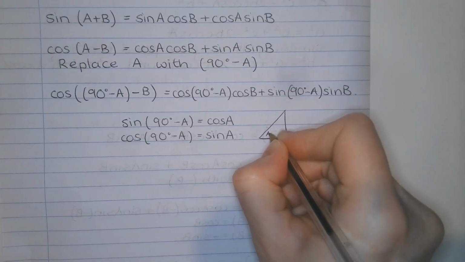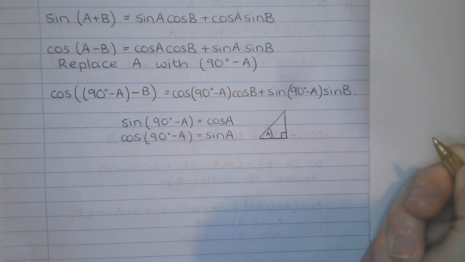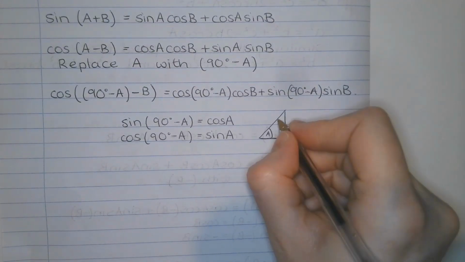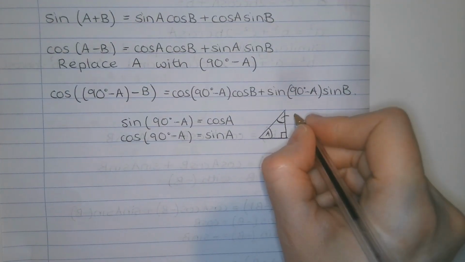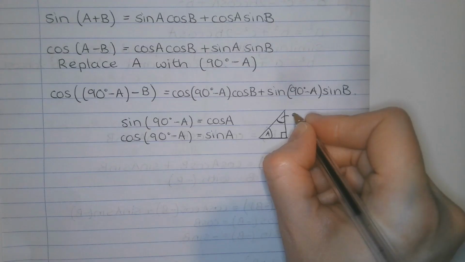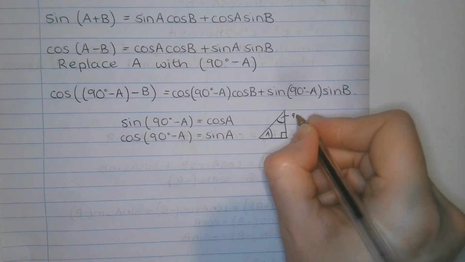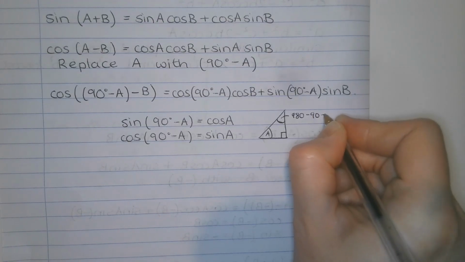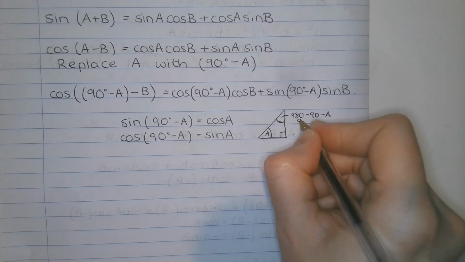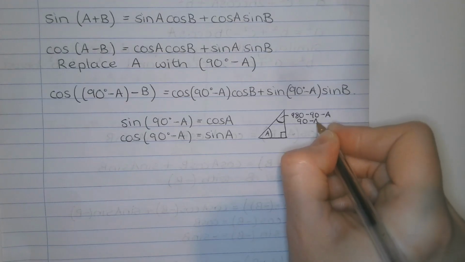If I have an angle A in this right angle triangle, here's my 90-degree angle. This angle here can be called 180 degrees minus 90 minus A, which ends up being 90 minus A.